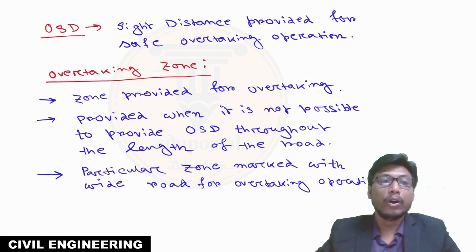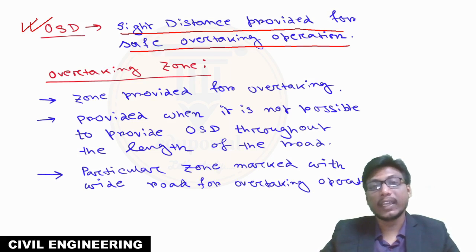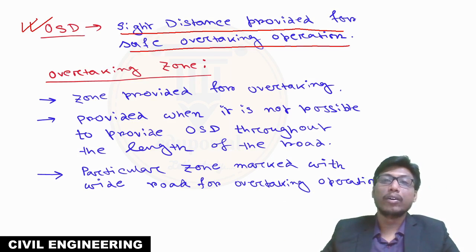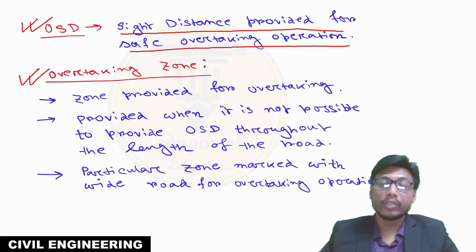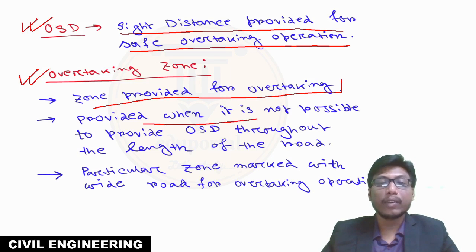And now here is a little bit of theory. So why is overtaking side distance provided? Overtaking side distance is provided for safe overtaking operation. So its main purpose is to fulfill the overtaking operation. Now why is the overtaking zone provided? So the overtaking zone is intentionally provided when it is not possible to provide the overtaking side distance throughout the length of the road.